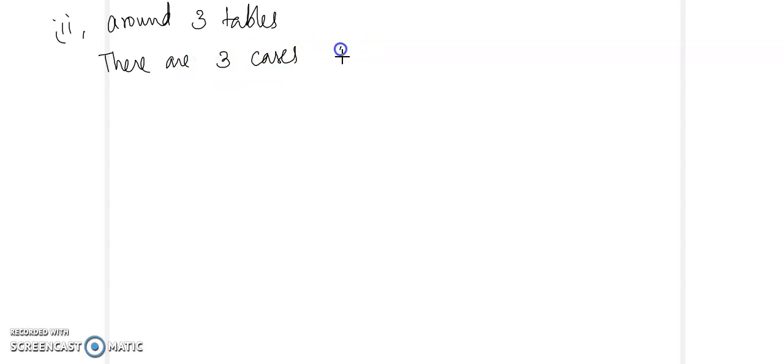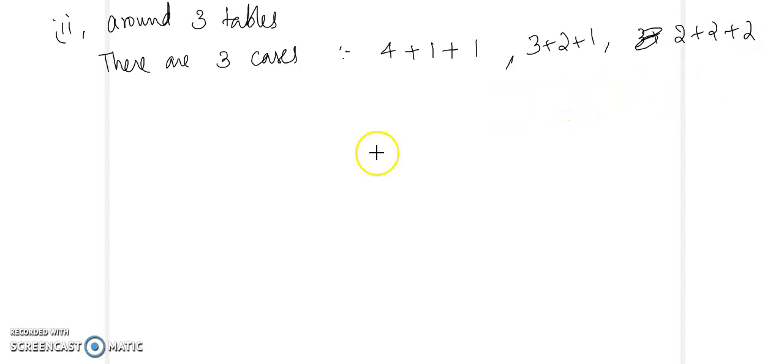The number of seatings can be 4 plus 1 plus 1, then 3 plus 2 plus 1, and then 2 plus 2 plus 2. So these are the 3 ways in which 6 people can be seated.